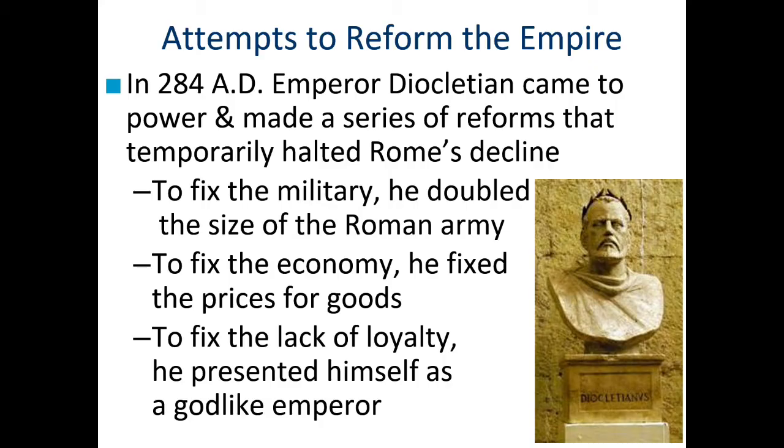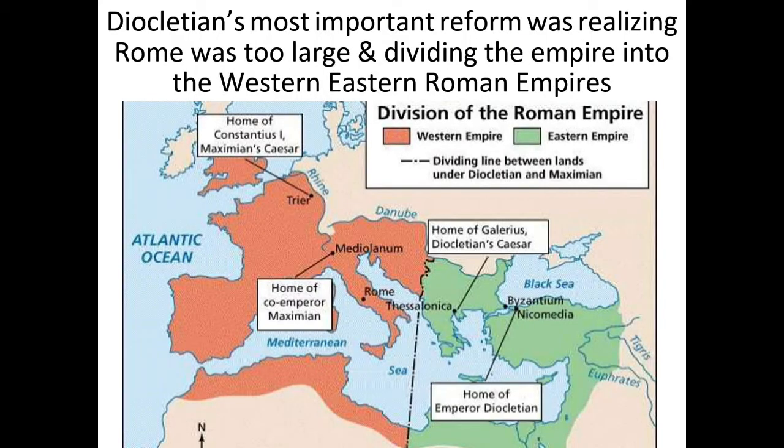To fix the military, Diocletian doubled the size of the Roman army. To fix the economy, he fixed the prices of goods so that inflation wouldn't affect the prices of everything. And to fix that lack of loyalty, he presented himself as somebody to be loyal to, as a godlike emperor.